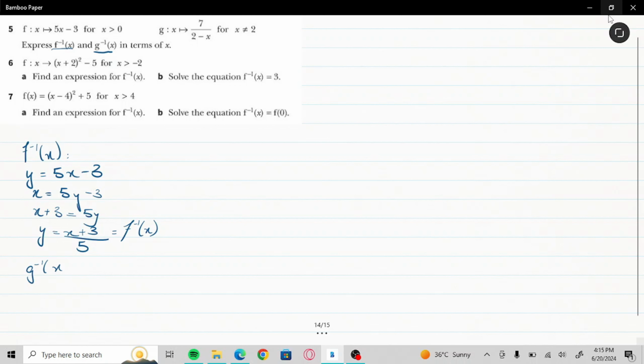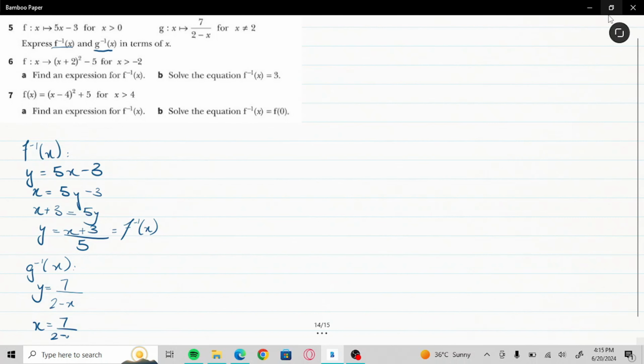Similarly, for the inverse of the function g, we are going to say that y is equal to 7 upon 2 minus x. What will be next? Interchange the x and y values. So x equals 7 upon 2 minus y. Next step, x multiplied by (2 minus y) is equal to 7.